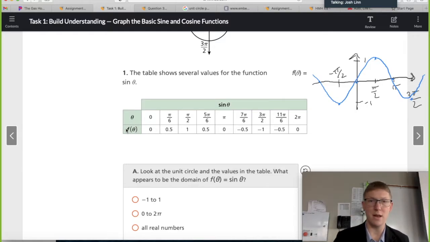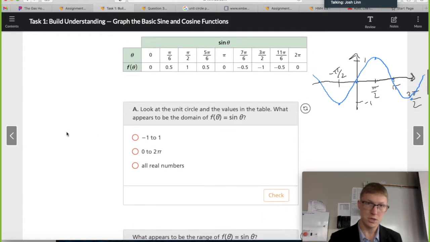You've got f of theta and you've got theta, and this is our sine function right here. And so again, we've got 0, pi over 6, pi over 2, 5 pi over 6, pi. So you can start to see that relationship there. Look at the unit circle and the values on the table.